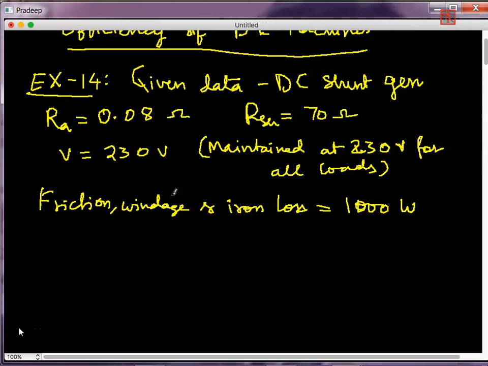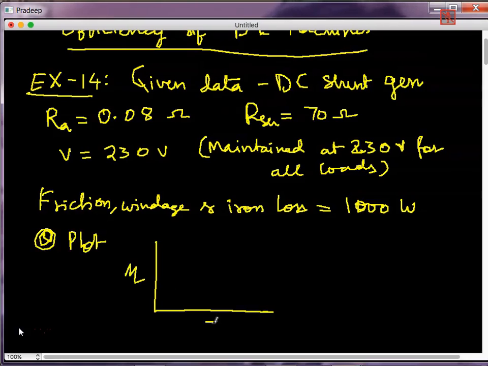So now the question is plot efficiency versus the load current. If the load current is varying from 0 to 200, how the efficiency is varying? So this is the question once again.